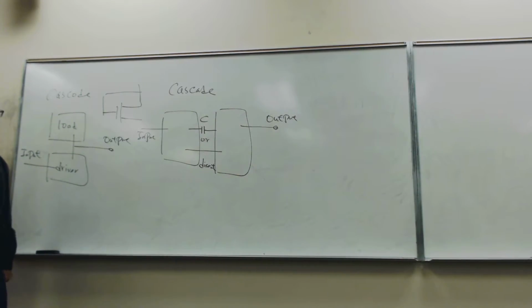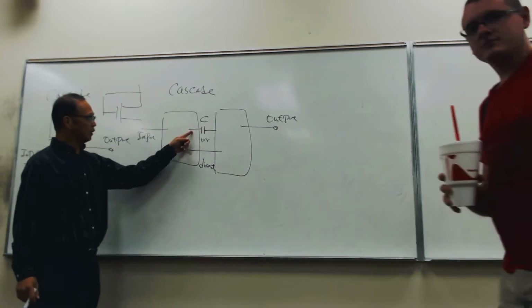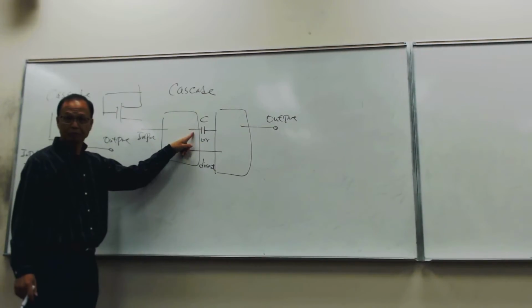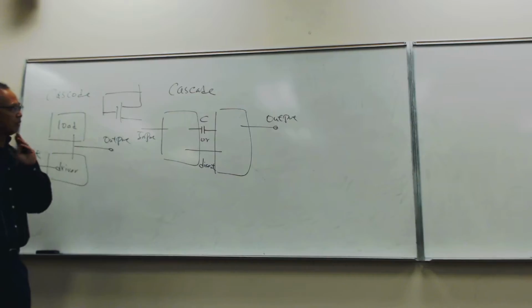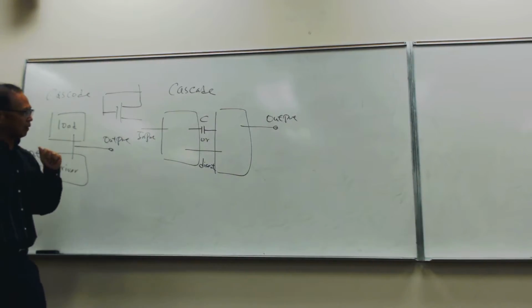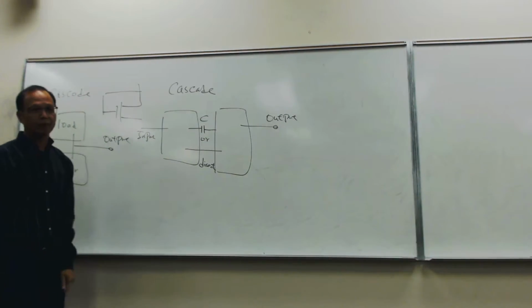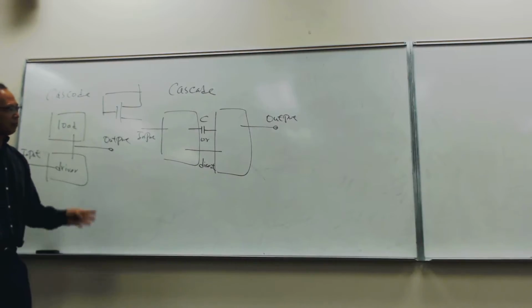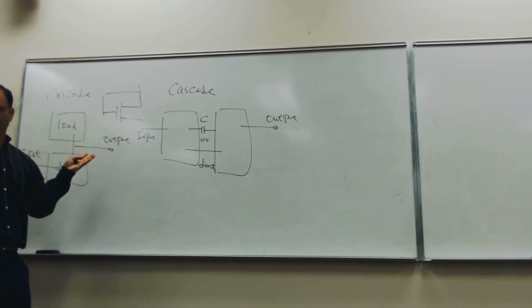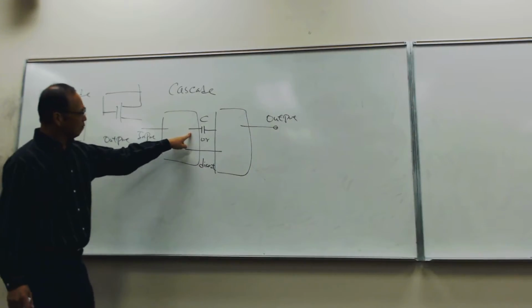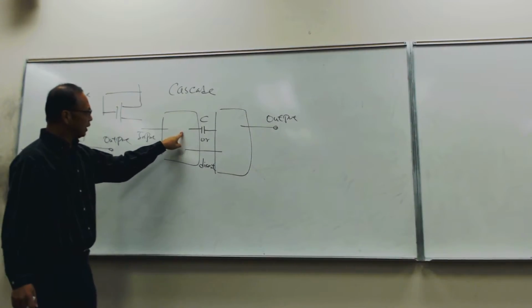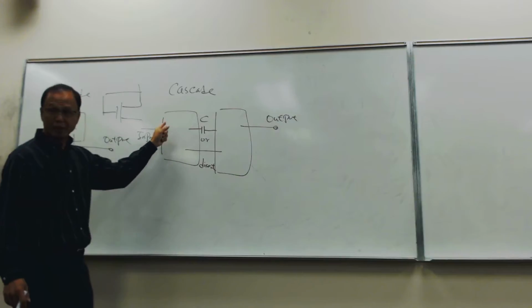So I remember in the bipolar amplifier, we talked about the case of the capacitor coupling, right? Okay, so in this chapter, I will try to talk about the direct coupling, right? There are pros and cons for each one. The pro for the capacitor coupling is that the first stage and the second stage are independent.